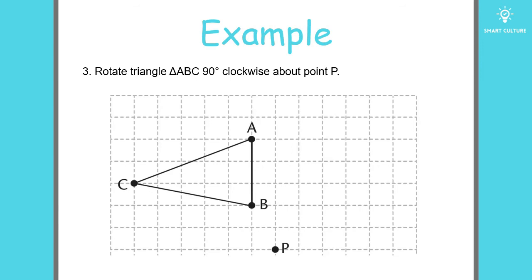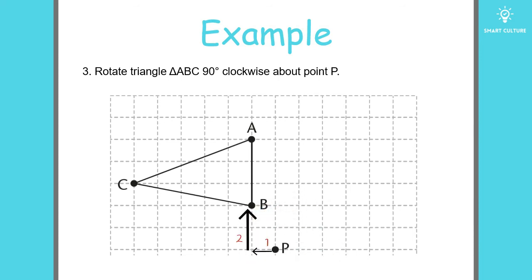Let's take a look at this example question. Rotate triangle ABC 90 degrees clockwise about point P. Let's start. So the first step will be to rotate each point of the figure 90 degrees clockwise about the center of rotation.